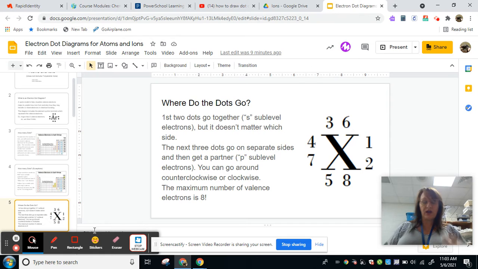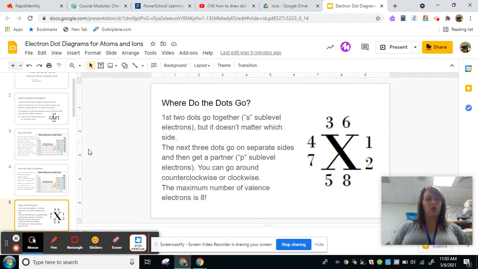The maximum number of electrons is 8. So these other 6 electrons that you've added represent electrons that are in the p sublevel, and it has 3 orbitals. And so the first 3 electrons you placed, you're individually placing an electron in one of each of the 3 p orbitals, and then when you go back, you're partnering them up.